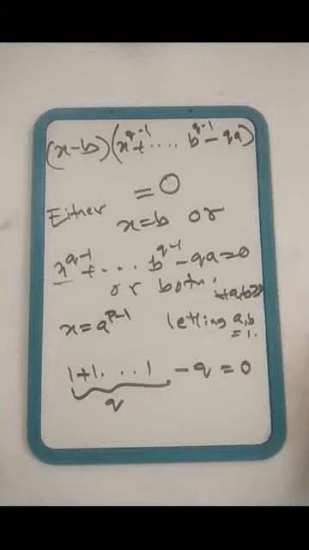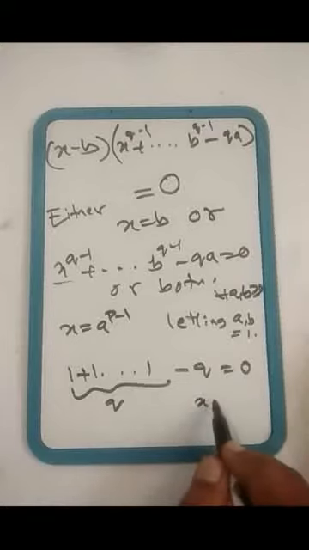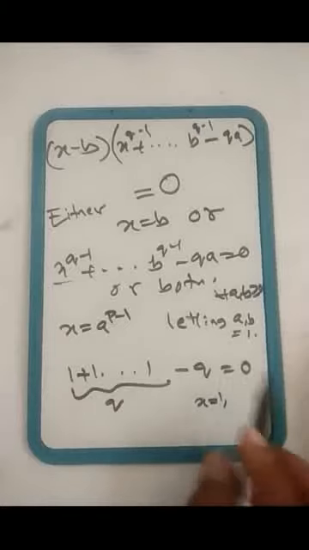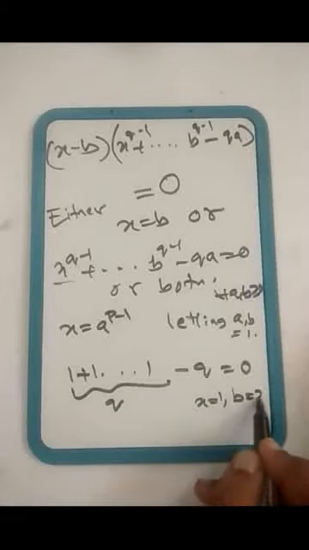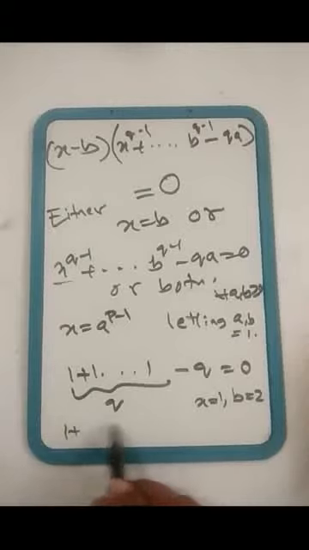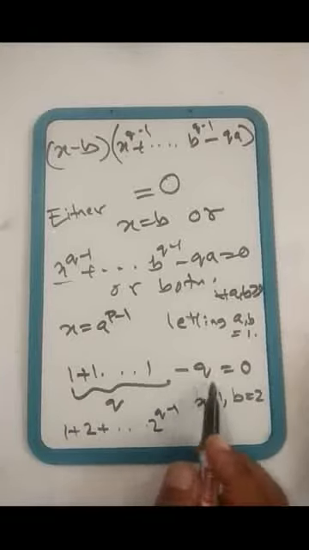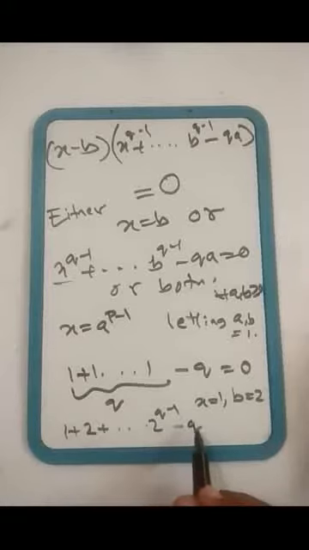In fact, that is satisfied. But by letting x equal to 1 and choosing b to be equal to 2, this becomes 1 plus 2 raised to q minus 1, and now this becomes as it is q.